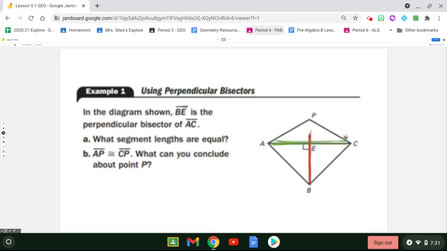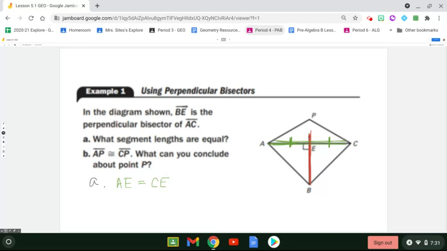Well, in part A, we have to know by definition that a perpendicular bisector cuts things into equal parts. So we would have to know that AE has to equal CE by definition of a perpendicular bisector. So we're going to write that down. AE is equal to CE, and that's by definition of a perpendicular bisector.